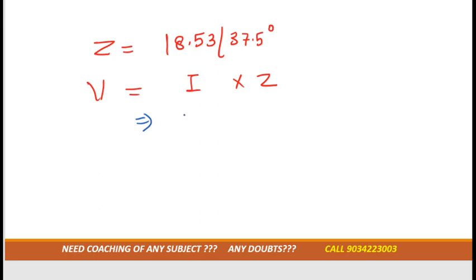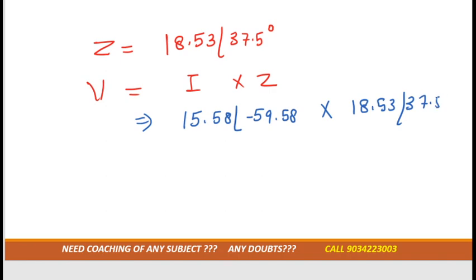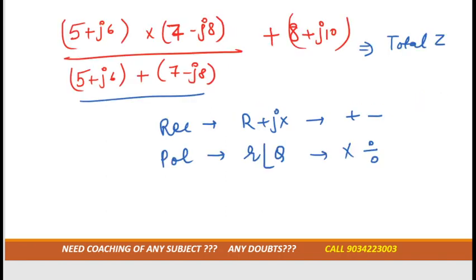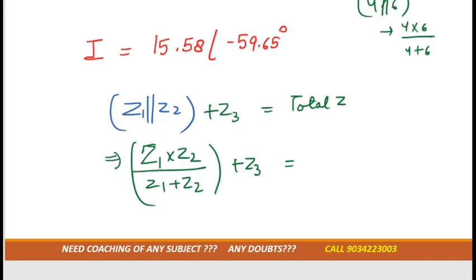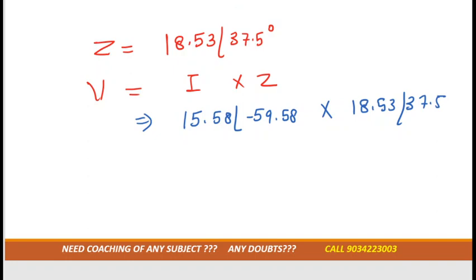So current is how much? 15.58, angle is minus 59.58. Z is 18.53, angle is 37.5. I is 15.58, minus 59 point something. There can be a minor change, it's approximately the same. So this is in polar form.